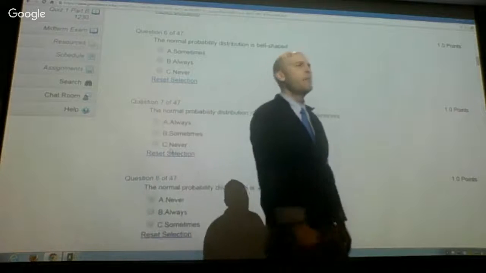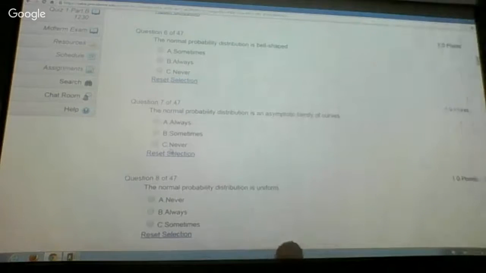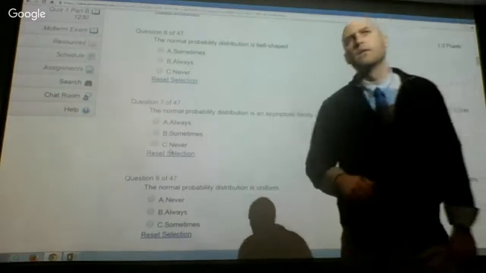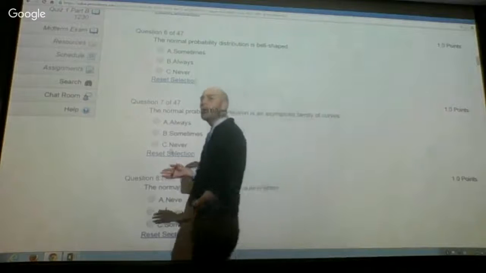curves? Family of curves is the other part. So if we understand that the normal distribution is asymptotic, what do you mean by family of curves? Katie? Like, probably more than one. Yeah, probably more than one.